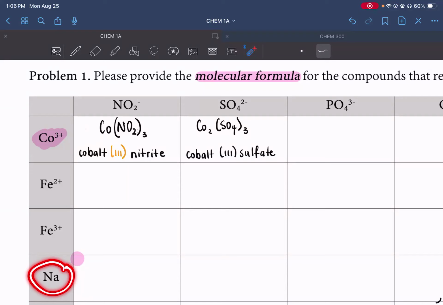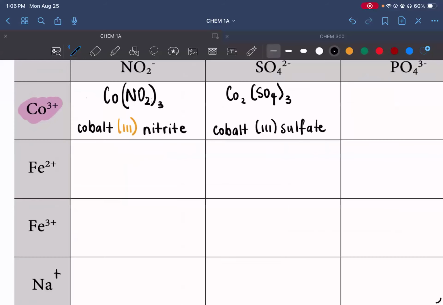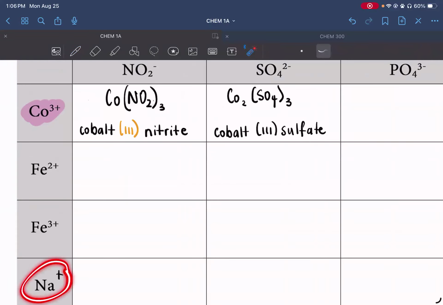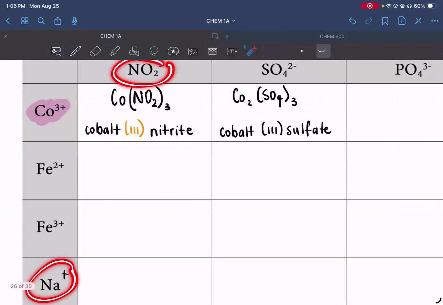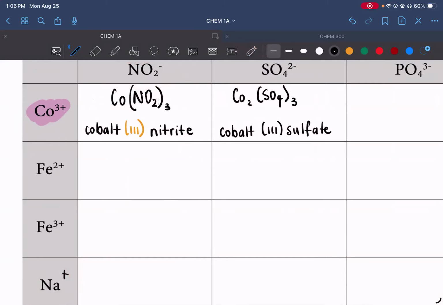Sodium's not a transition metal, so it's on you to figure it out. Sodium is in group 1, which means its ideal charge is +1. We're going to combine Na+ and NO2-. This becomes NaNO2.